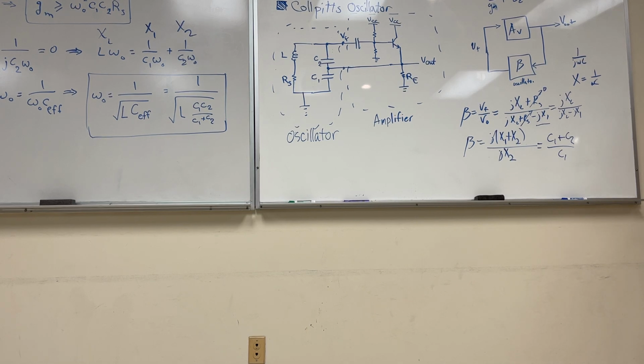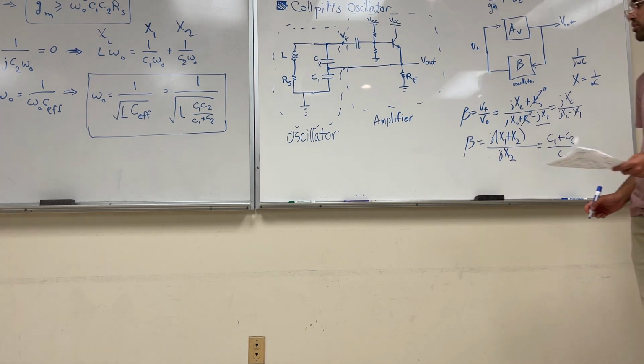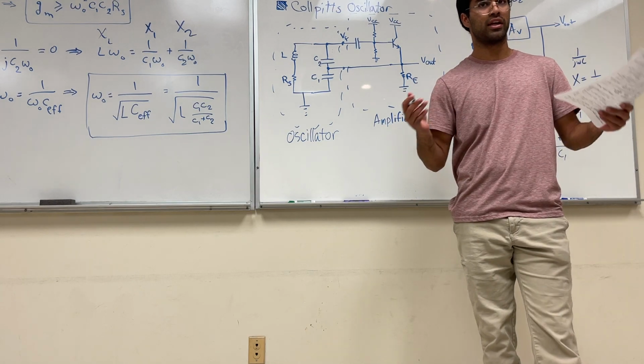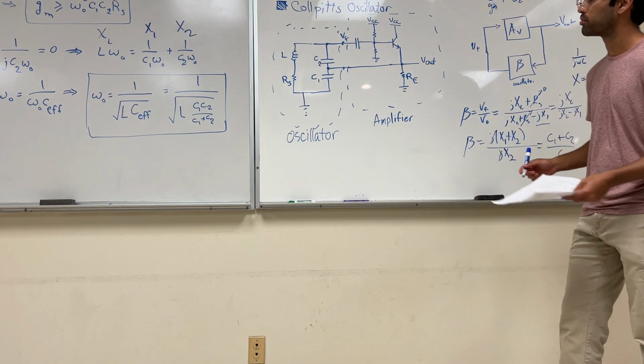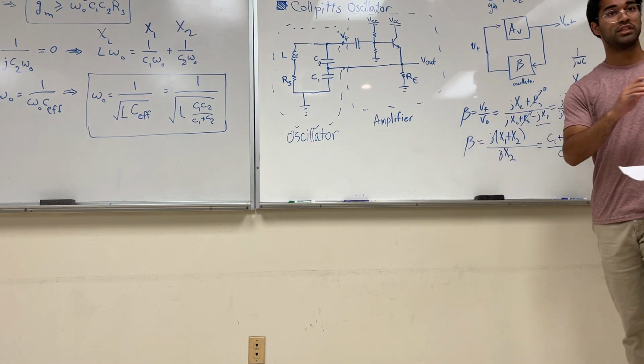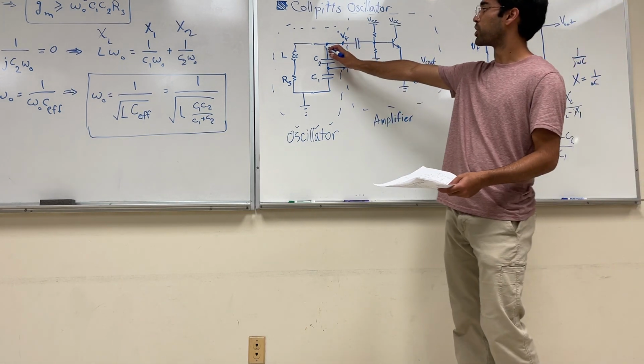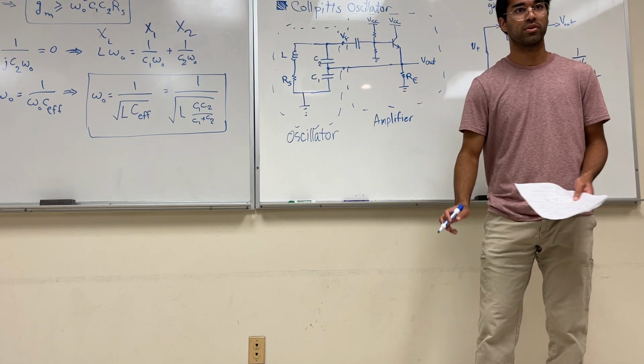Okay, so now we know the gain of our oscillator, and we know the gain of our amplifier. And so for this system to work, we know the overall gain has to be greater than 1, because if it's equal to 1, then when we start the system, we have an input of 0, and it's not going to go anywhere.